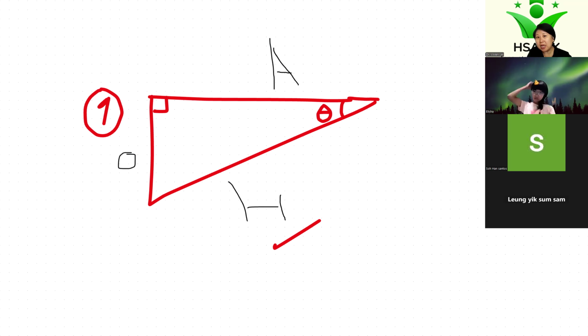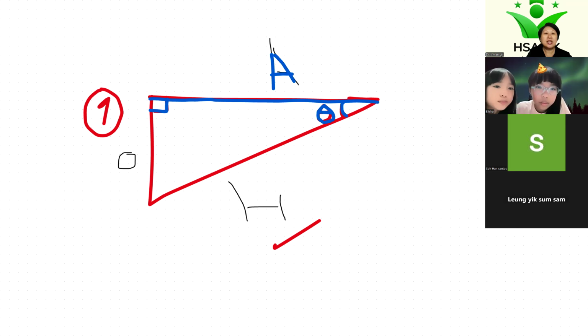When you see the theta and when you see the right angle, that is your A, okay? When you see opposite your theta, that is your opposite.